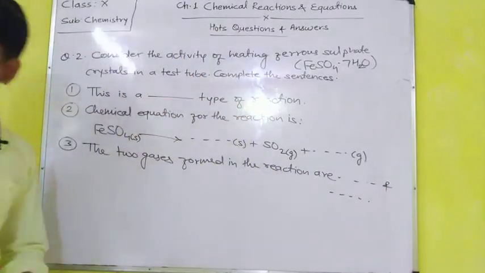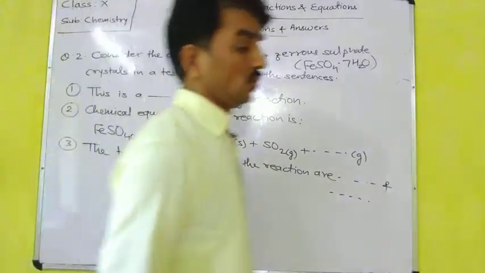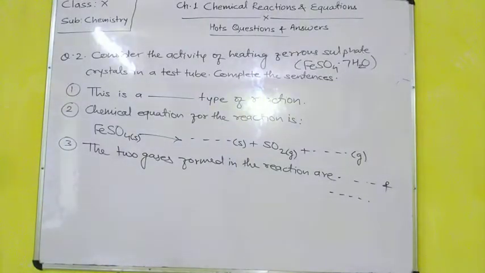Okay, so this is the question. Consider the activity of heating ferrous sulfate crystals in a test tube and complete the sentence. This is a blank type of reaction. The chemical equation for the reaction is dash. And the two gases formed in the reaction are blank.